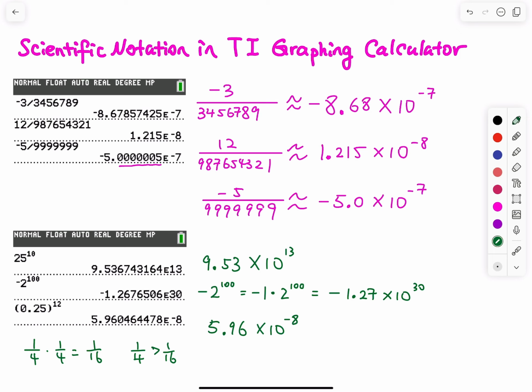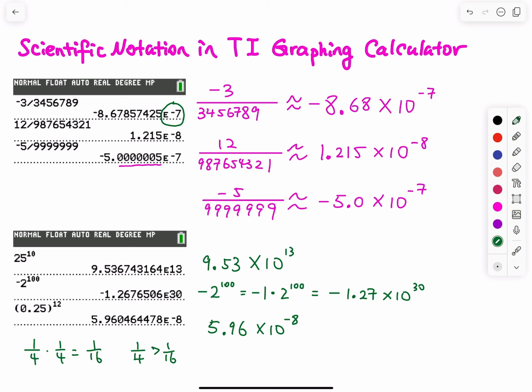Okay, so that's it for scientific notation in a TI graphing calculator. Once again, for the screenshots I used a TI-84 Plus CE, but this works in any graphing calculator. You can just pick up a scientific calculator, the kind where you can only do computation but no graphing, and you will still see the E. Even if you are using the calculator on your phone, you can still see the E. It is a universal symbol, a notation in any calculator.